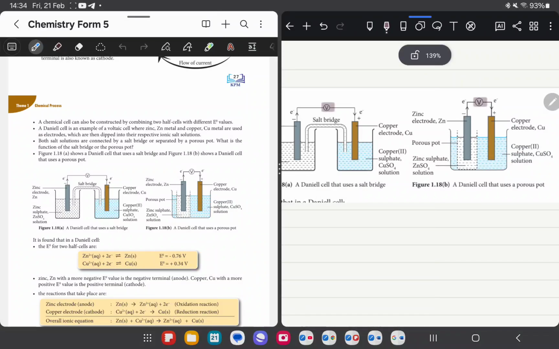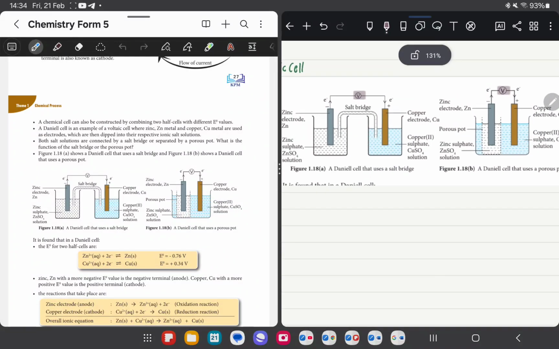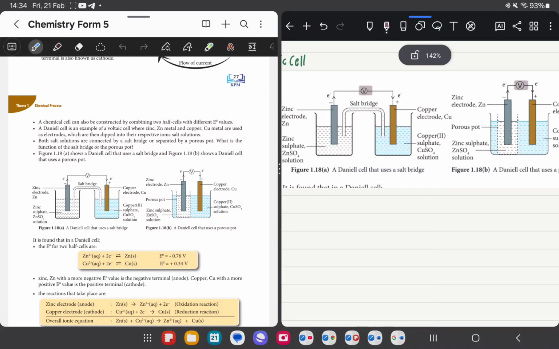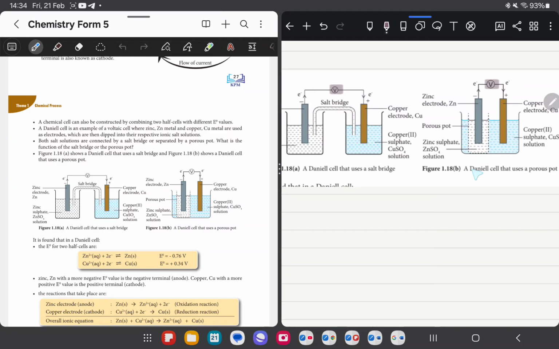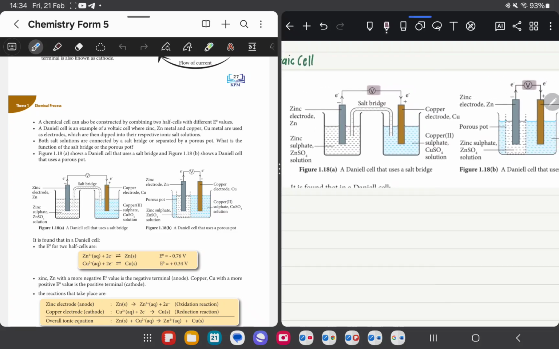Okay, so we can draw your Voltaic cell in two versions. One version is you place your electrodes in two different beakers and you connect the beakers with the salt bridge. Another is you put them in the same beaker and you use a porous pot to hold the zinc sulfate solution. Wait, I show you.